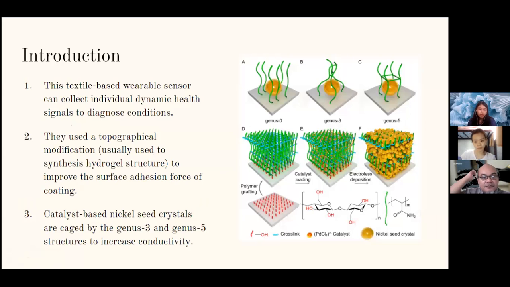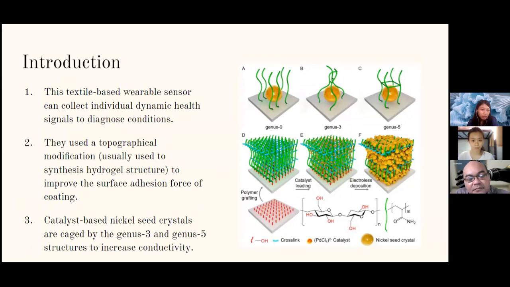So what they create is the textile-based wearable sensor that can collect individual dynamic health signals to diagnose conditions, and they use topographical modification that usually is used to synthesize hydrogel structure to improve the surface adhesion force of coating.